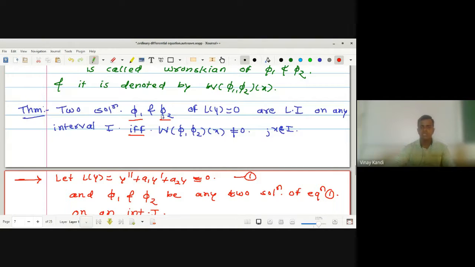In the second part, we take phi 1 and phi 2 linearly independent, and we have to prove that the Wronskian is not equal to 0.